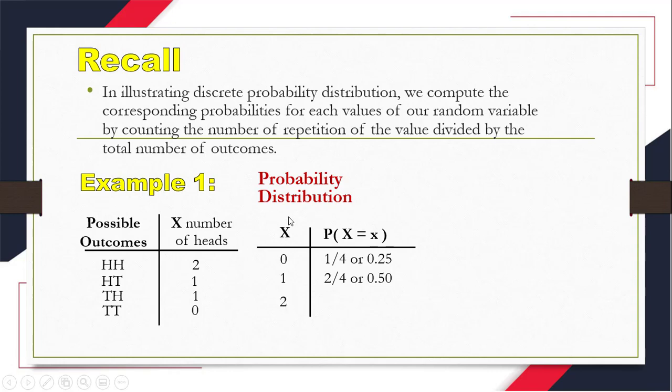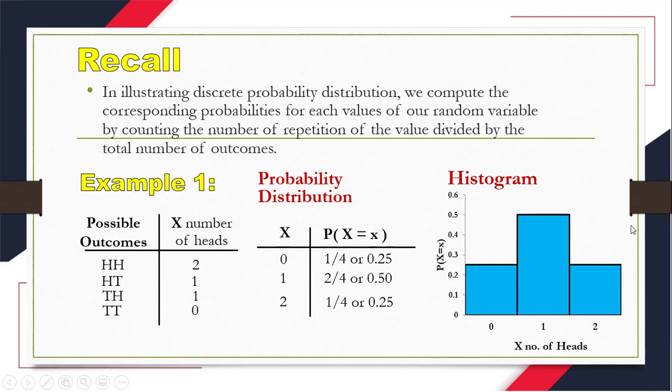And the same with X is equal to 2. The probability that X is equal to 2 is 1/4 or 0.25.